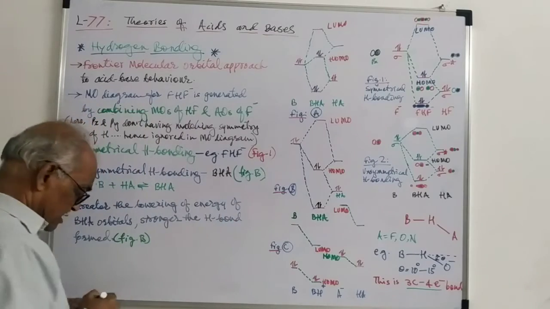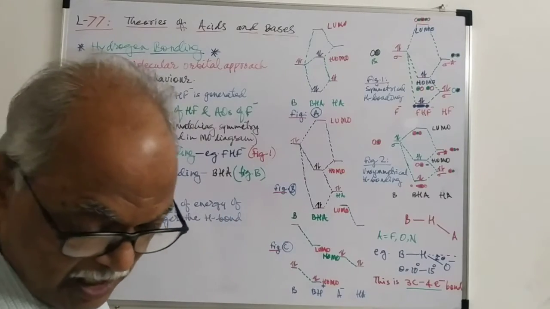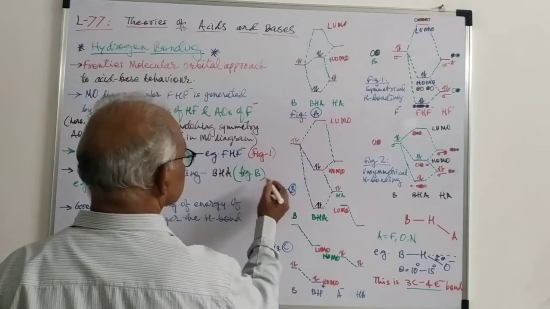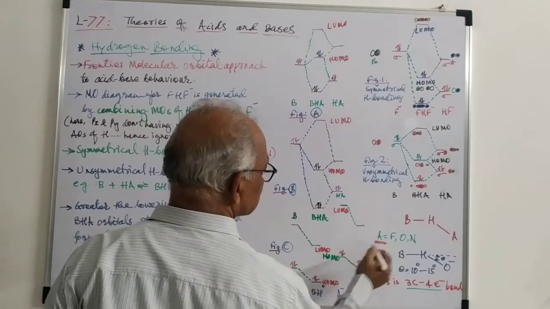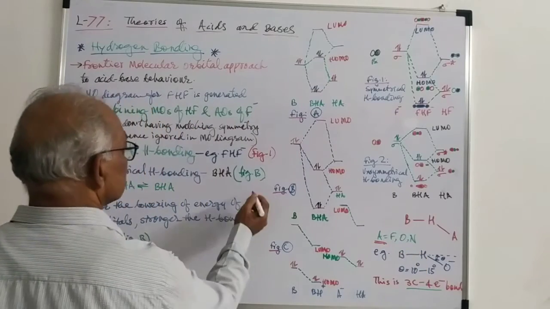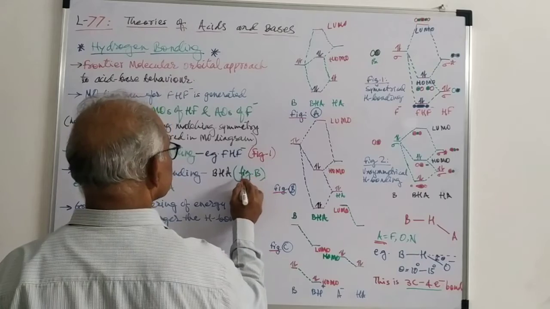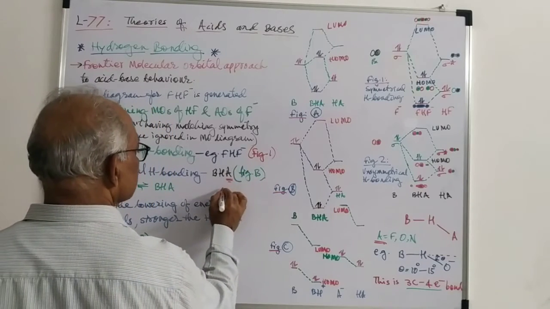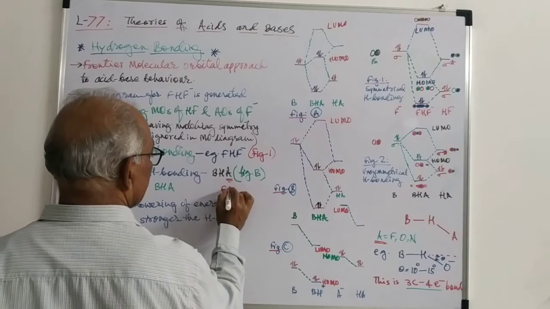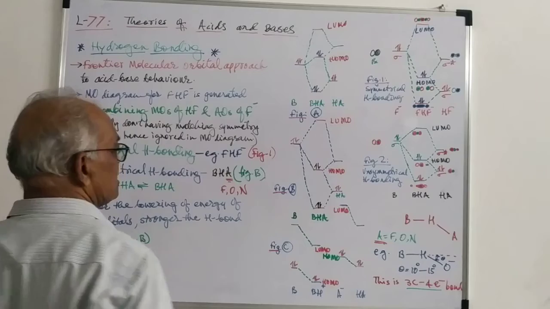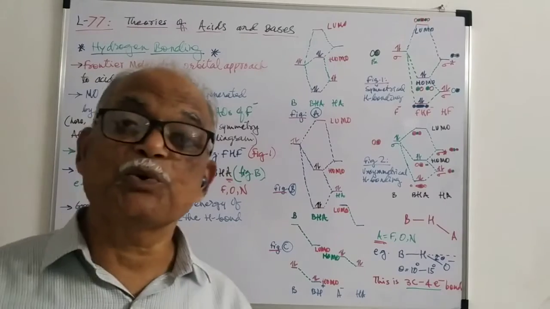Here A can be F, similarly oxygen and nitrogen, which are more electronegative.